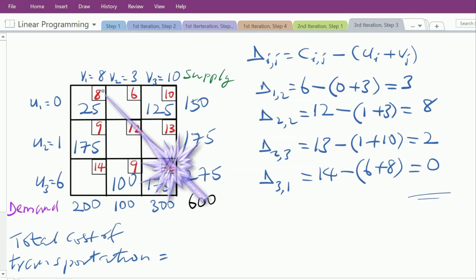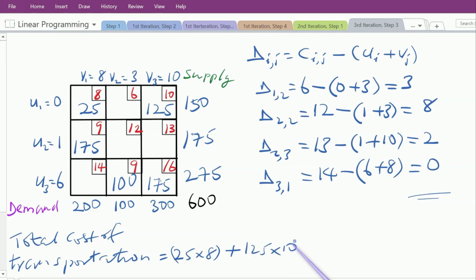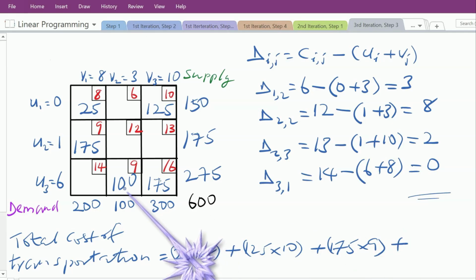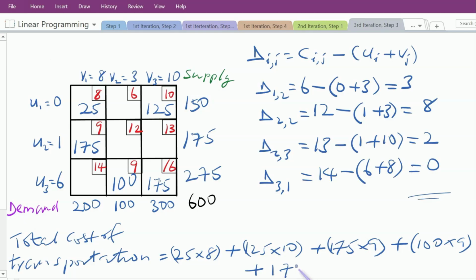That will be 25 times 8, plus 125 times 10, plus 175 times 9, plus 100 times 9, plus 175 times 16.